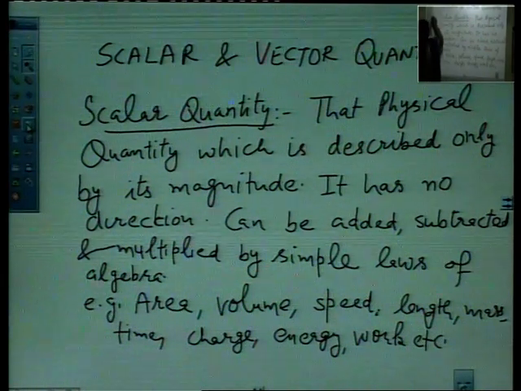Now next we come to the vector quantities.